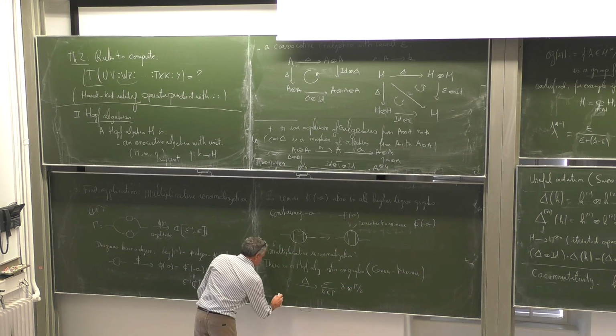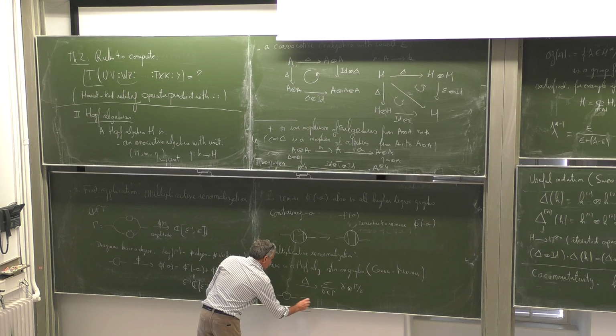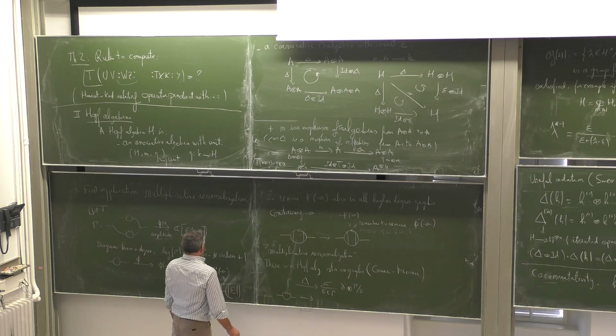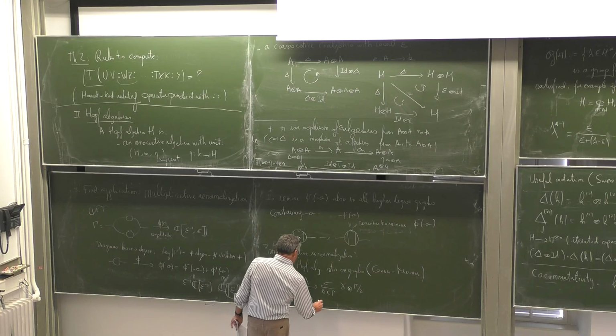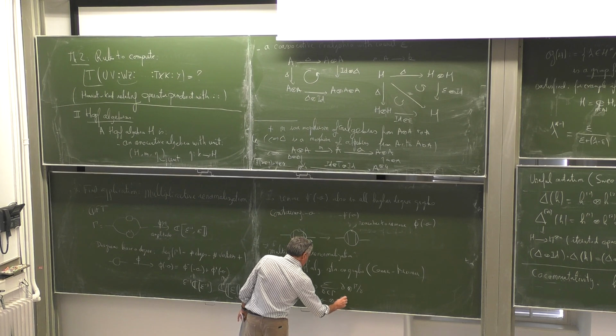For example, if I take the same example, or this one, if I choose gamma as a subgraph, I would go to this tensor, and so on.